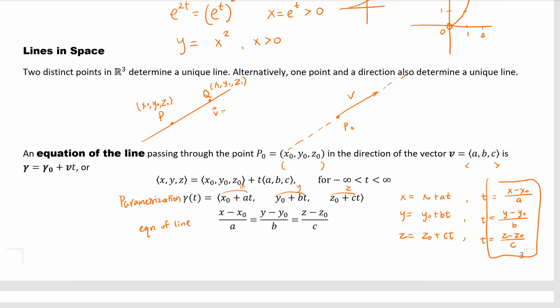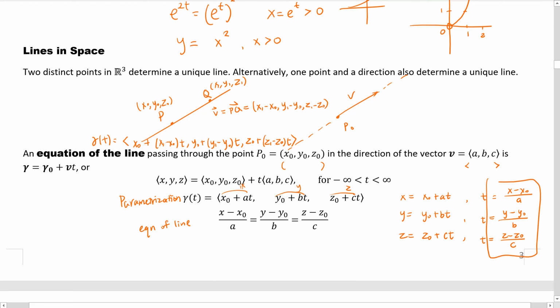Then v is PQ, so we can use ⟨x1 minus x0, y1 minus y0, z1 minus z0⟩, and then alpha of t is x0 plus (x1 minus x0)t, and then y0 plus (y1 minus y0)t, and then z0 plus (z1 minus z0)t. Okay, so this is what happens if we're given 2 points.